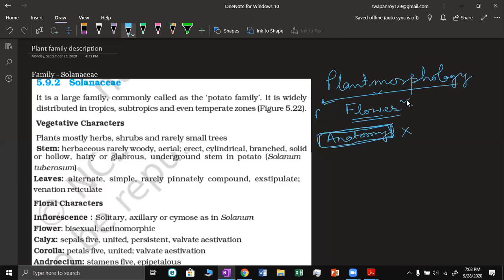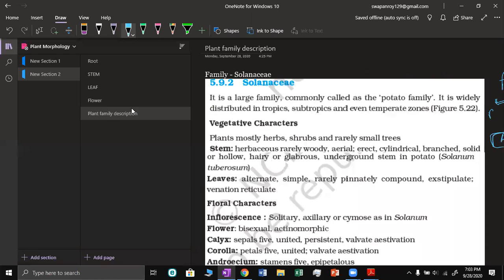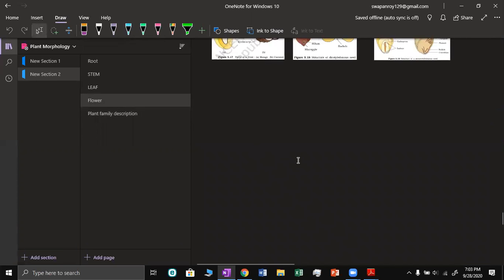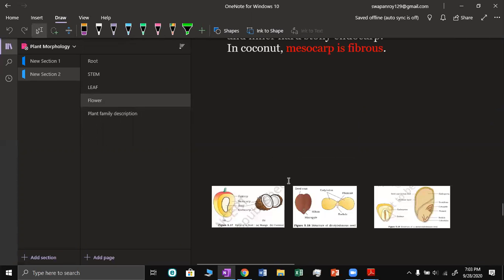Flower structure, everything in the flower, we have finished. Next, do you have anything to ask about the flower? No, sir. Nothing.